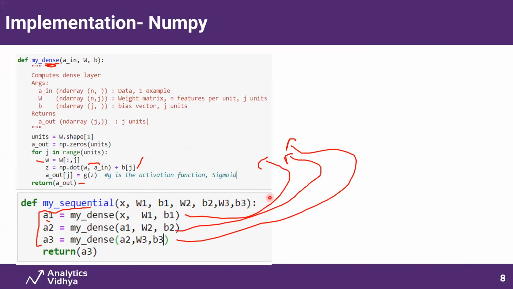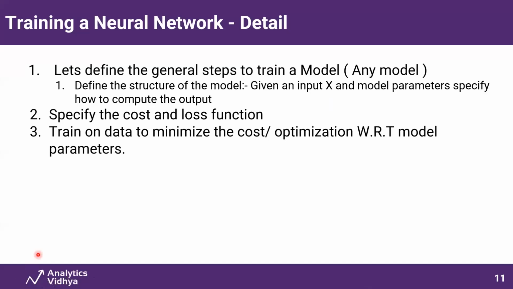We can change them, and the model's efficiency will improve or decrease. So based on these parameters, we try to optimize our model. This is what optimization of your model with respect to the parameters means. So these are the three steps which we largely follow.